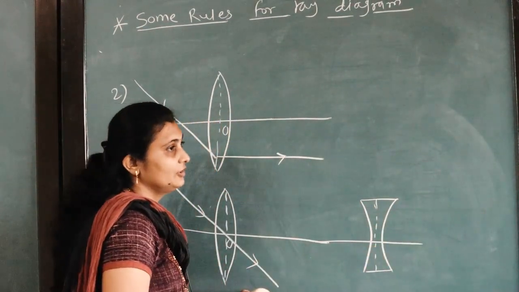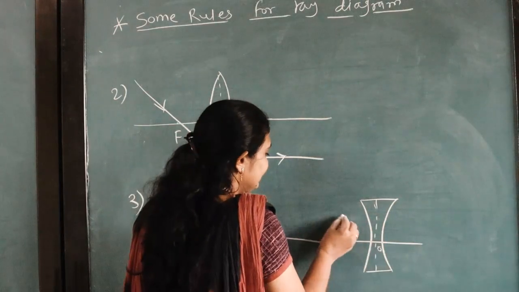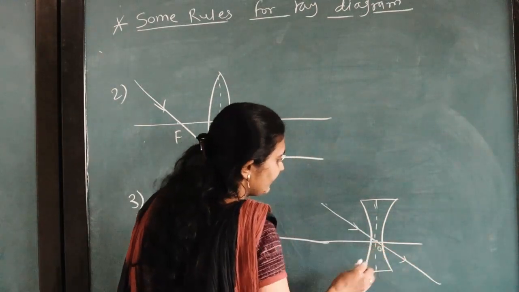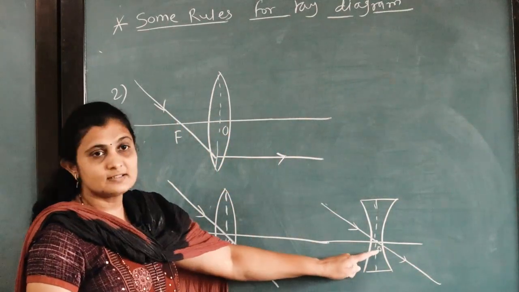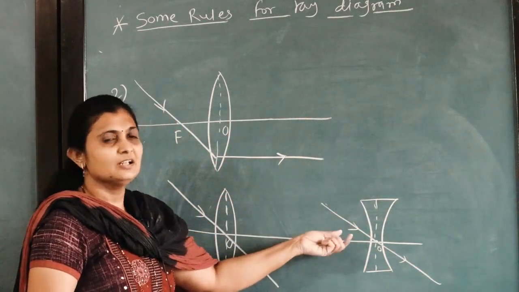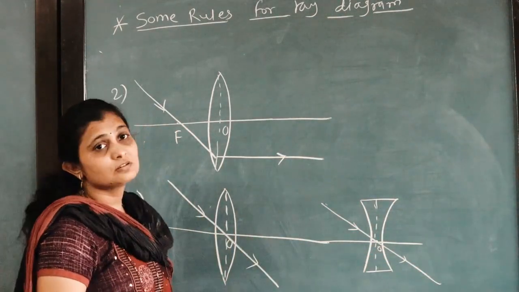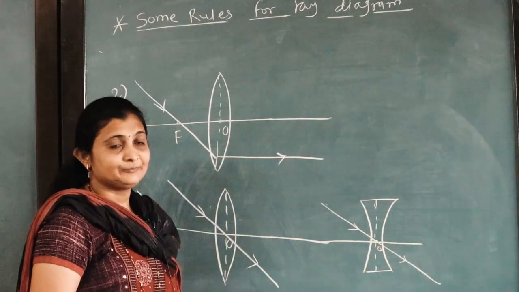Same as the concave lens. If a ray passes through the optical center, then after refraction it doesn't change its path. These are all the rules to draw the ray diagram.